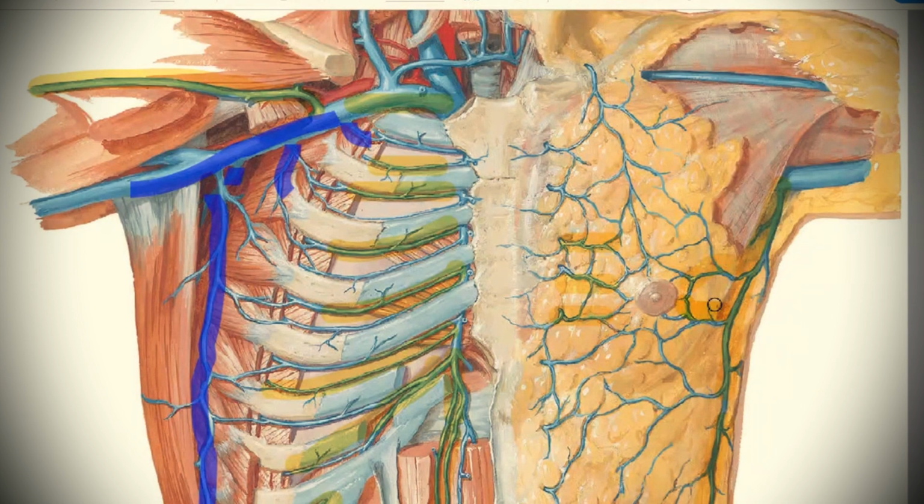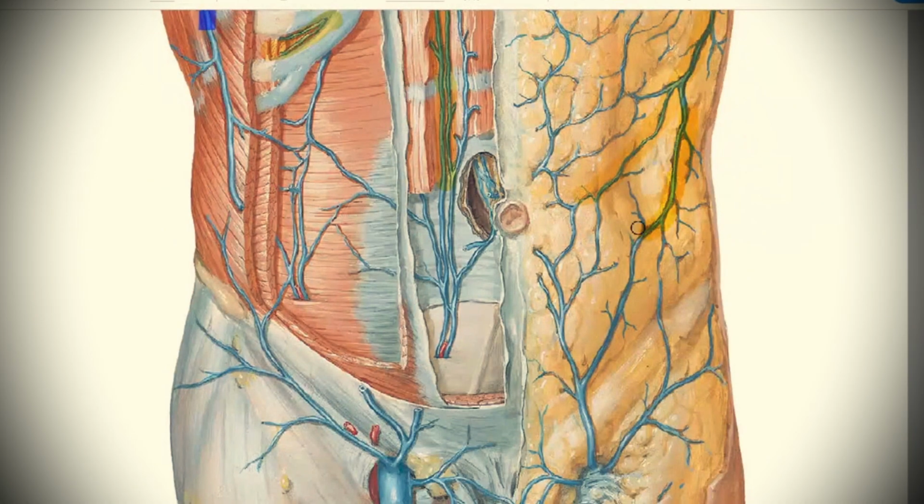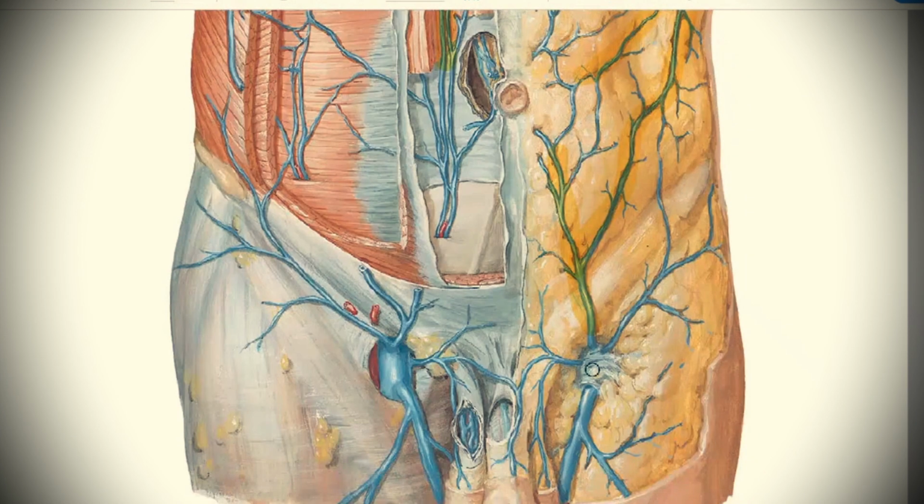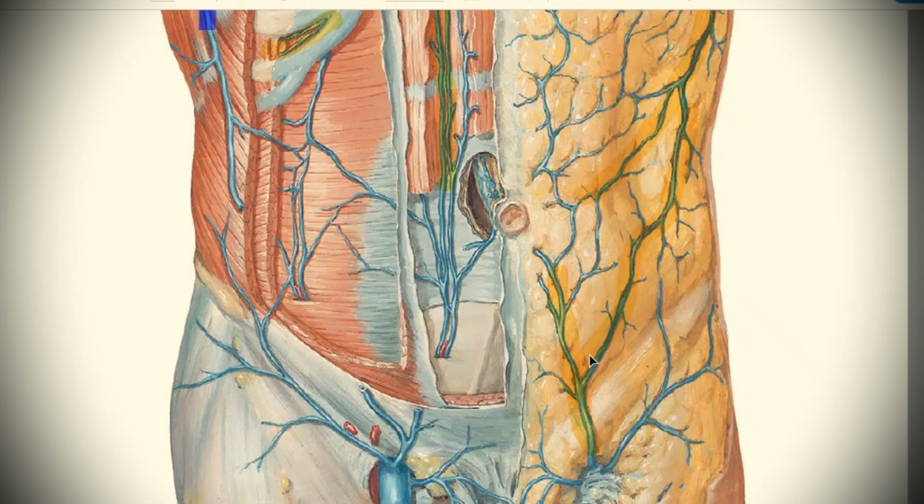As you can see, it gets lateral mammary veins, and it may anastomose with the superficial epigastric vein, vena epigastrica superficialis. It's a tributary of the femoral vein. We will talk about it later.